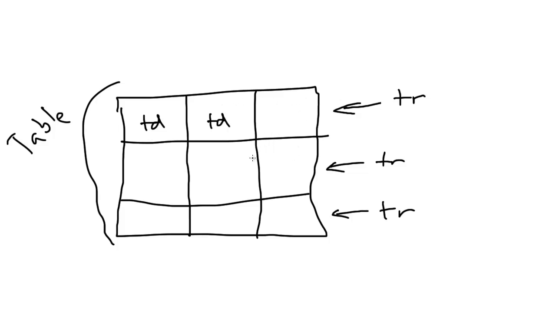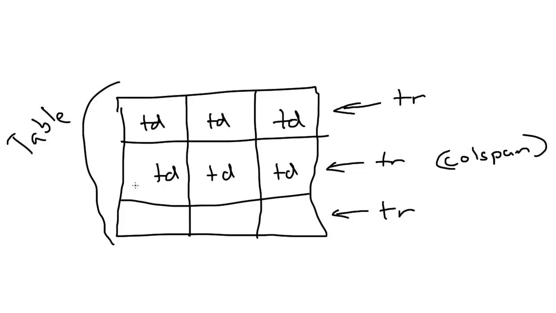I can't do 3, then 2, then 1 without doing some trickier stuff. So once I say I want 3 columns, then I'm going to make sure I've got 3 table data groups, and for each table row I'm going to make sure I have 3. Otherwise I'm going to have to do something like call span things like that in order to group these two together.